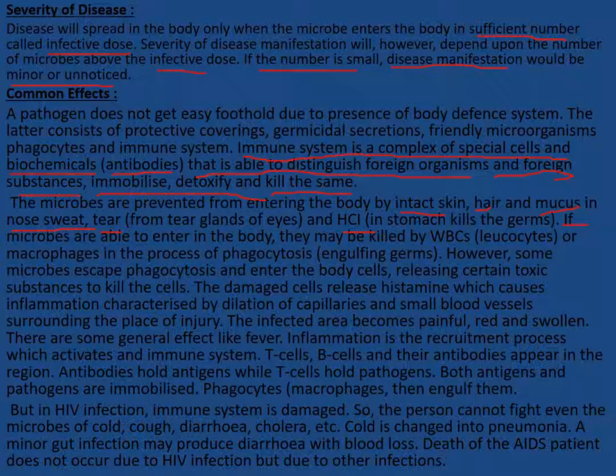If microbes are able to enter the body, they may be killed by WBC, white blood cells, also known as leukocytes, or by macrophages in the process of phagocytosis, that is, engulfing the germs. They engulf and kill them.